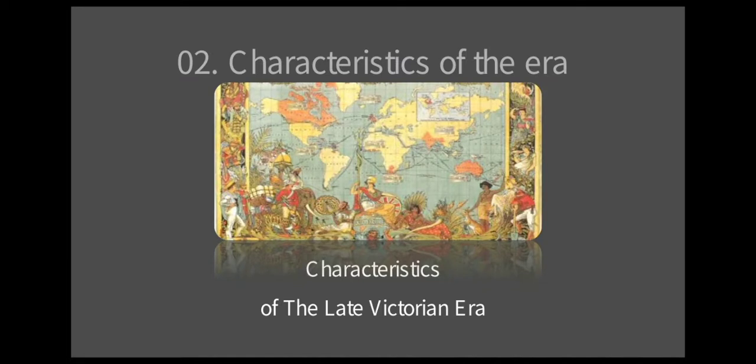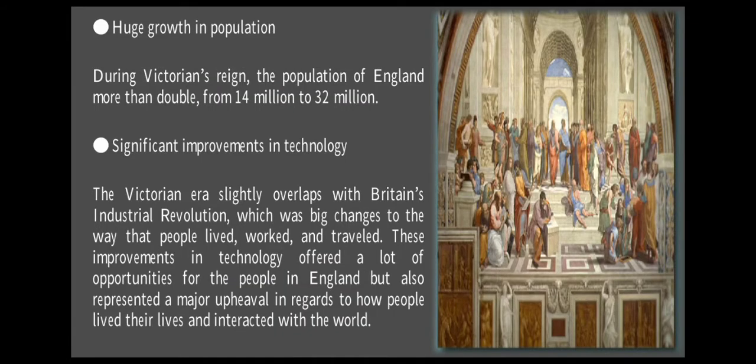The second one is characteristics of the late Victorian era. First, high growth in population. During Victoria's reign, the population of England more than doubled from 14 million to 32 million. And the second one is significant improvements in technology.